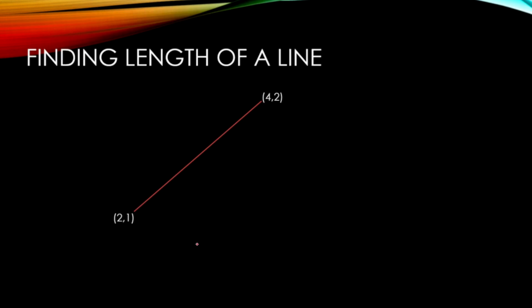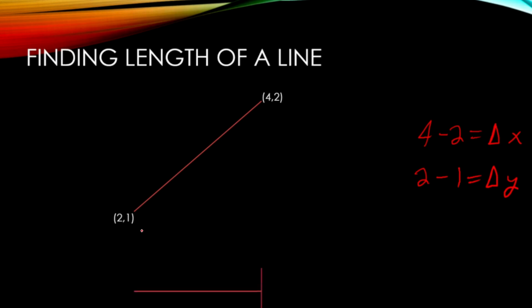You can already see that the change in x will be 4 minus 2, and for y it will be 2 minus 1. You can also see that when I draw this out, the change in x and change in y will become a right angle triangle like this.